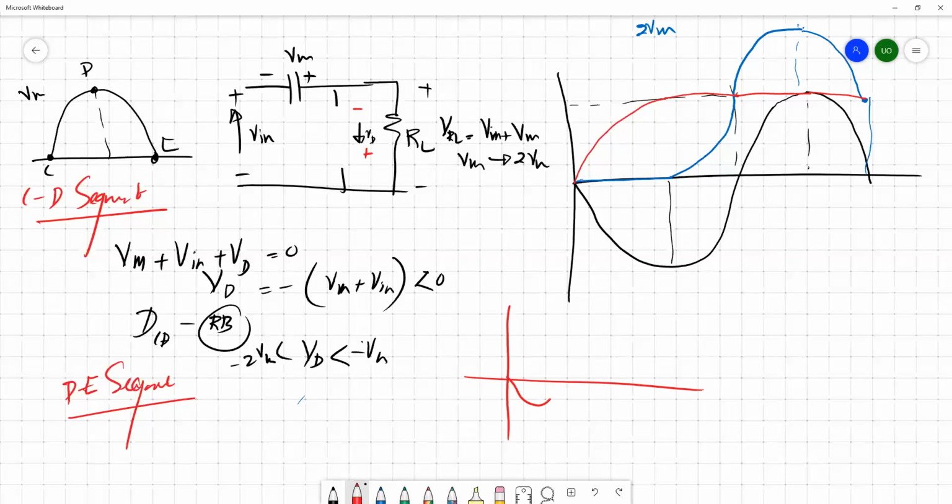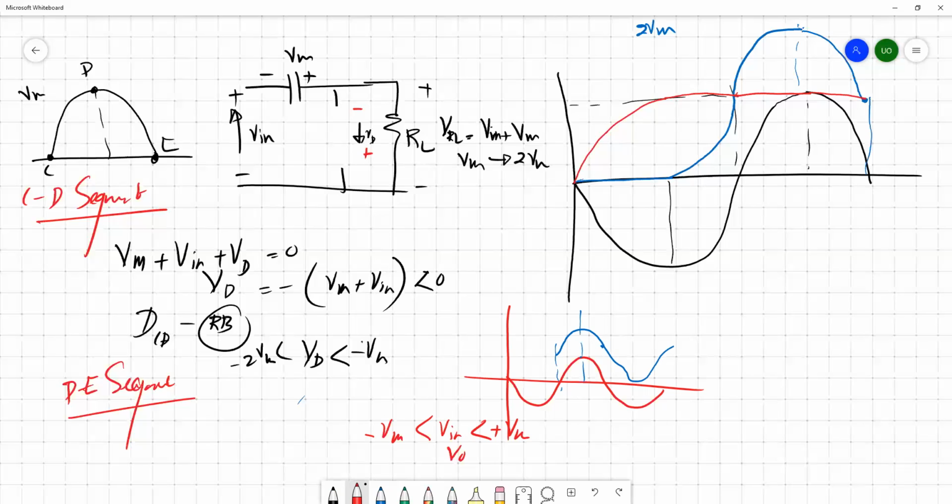If your input is something like that, your output is actually, so your input varies between minus Vm and plus Vm.